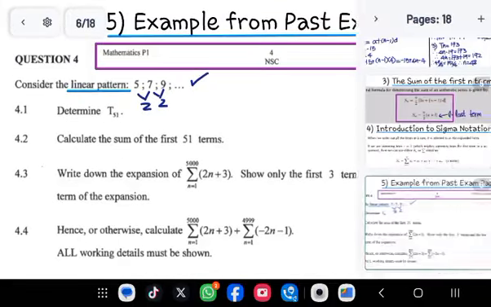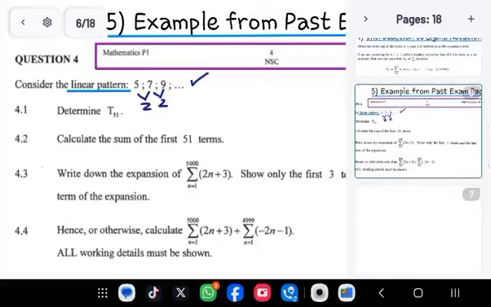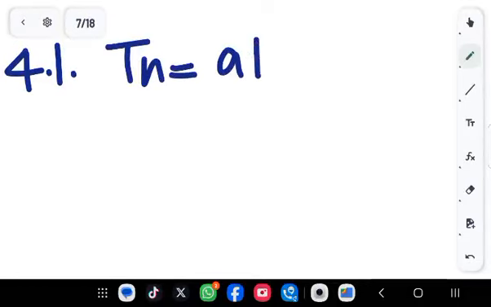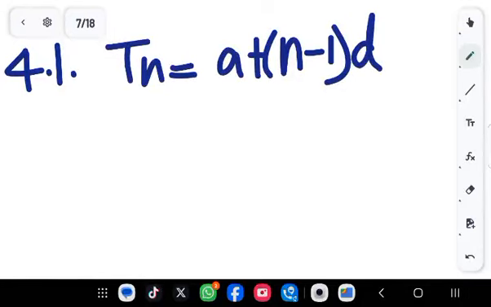Remember, a linear pattern has a specific formula for the general term. Here is the formula for the general term: Tn equals a plus in bracket n minus 1 times d. We're looking for T51, right?